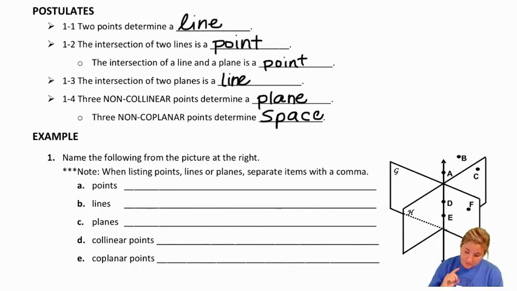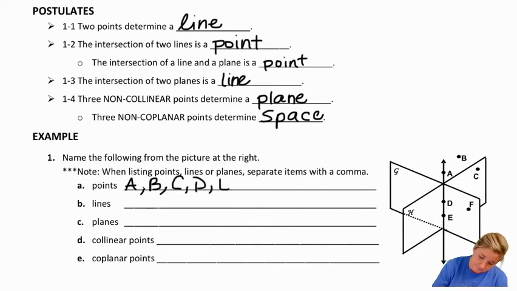So let's see here. Our points, we would have A, B, C, D, and F. So those are all of our points. Our lines, that's going to be line AD.